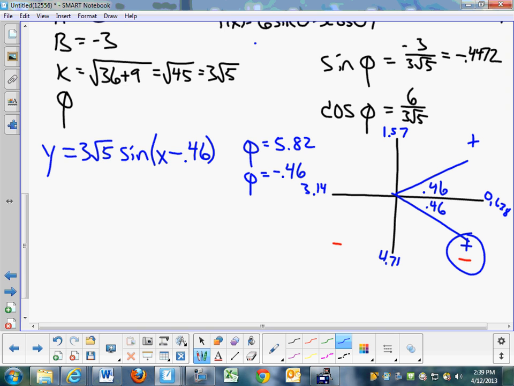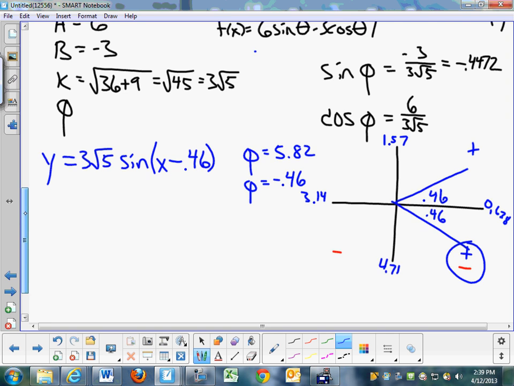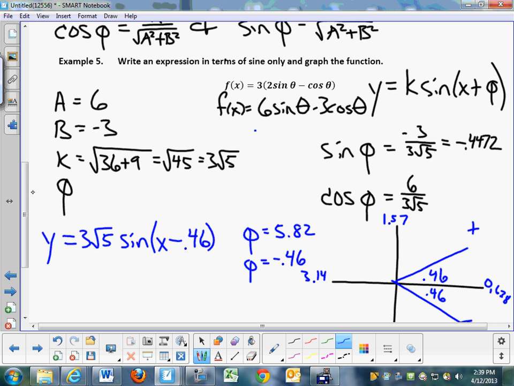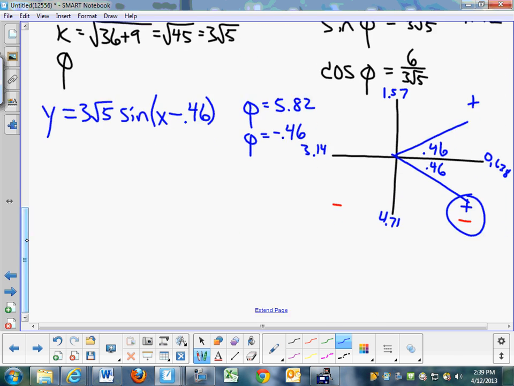That's my horizontal shift; the formula says plus phi. Good point. So my horizontal shift is 0.46 units. Would you like to shift something forward 0.46, or would you like to shift it back 5.82?